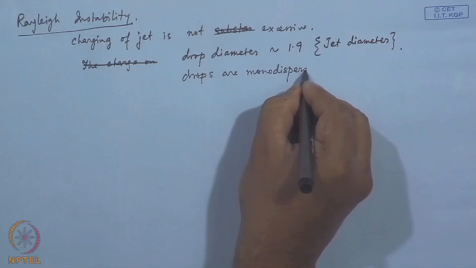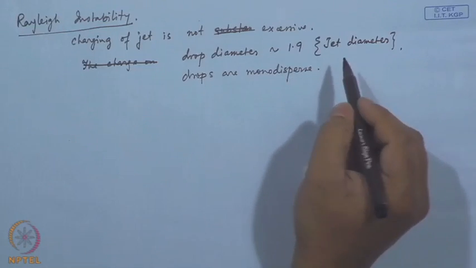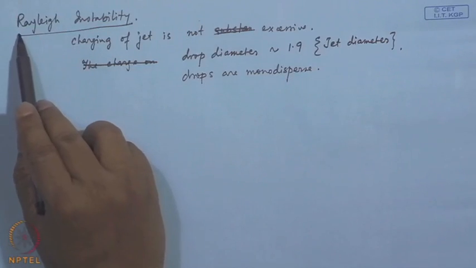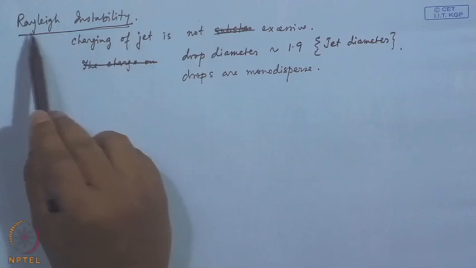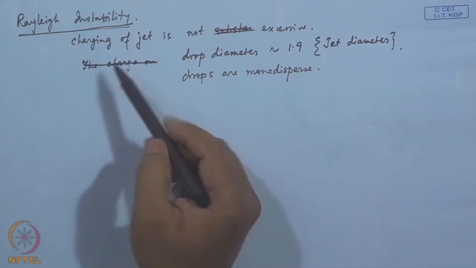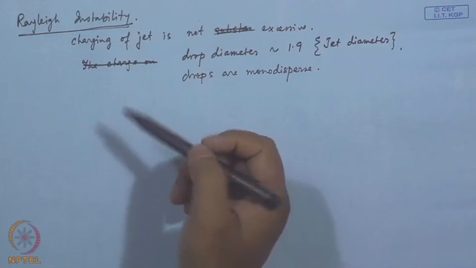Basically, the Rayleigh instability considered for breaking of a jet has been modified for the presence of charge, and people have done analysis in that line.